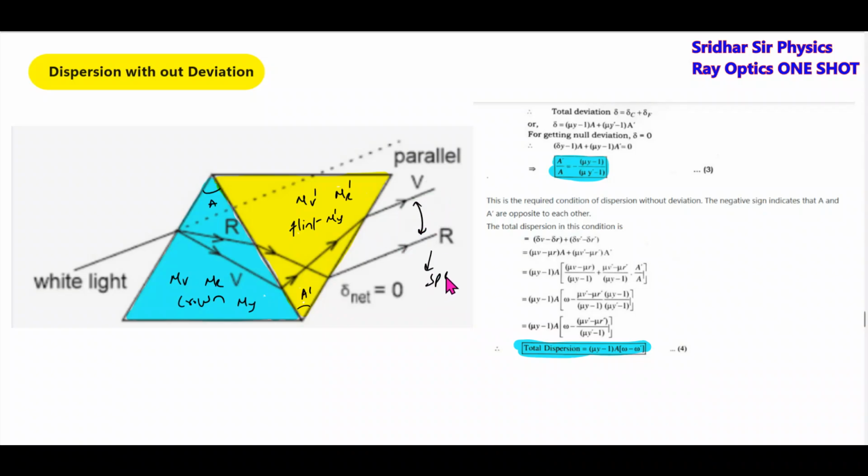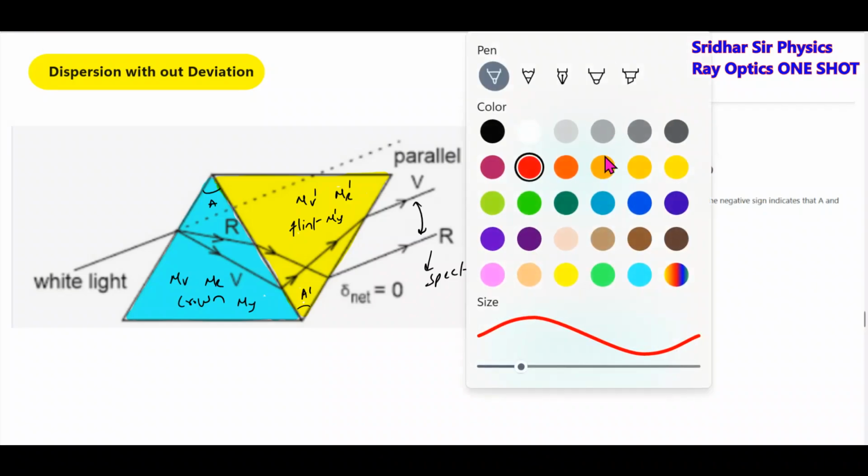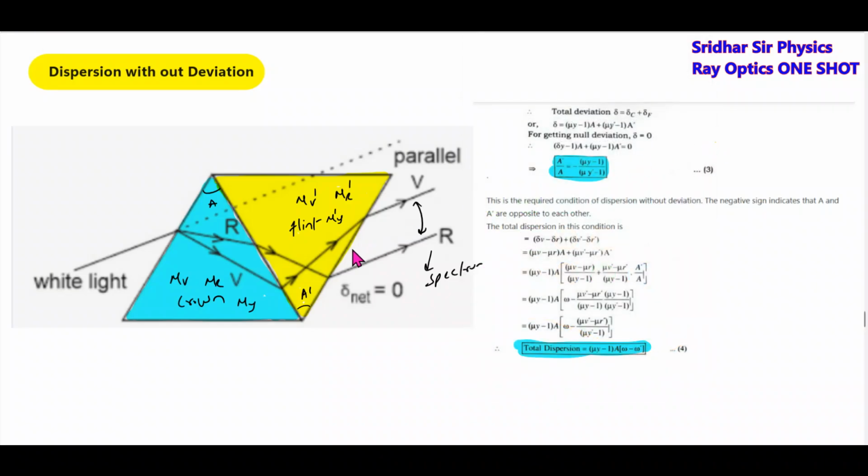But if you look, the yellow color light will be parallel to the incident white light. So therefore the net deviation will be 0. So I'll equate the net deviation to 0. Solving, we'll get this formula.